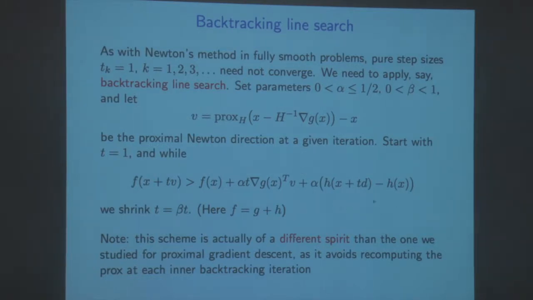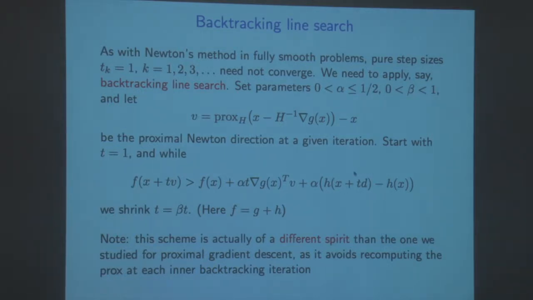Now with the non-smooth part, we also add in this term, which is the difference between the non-smooth part at our proposed update minus where we are, times alpha. So we're asking for a fraction of increase with respect to both the smooth part and its linear extrapolation and the non-smooth part.